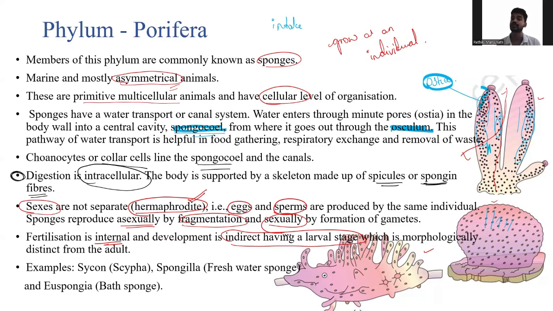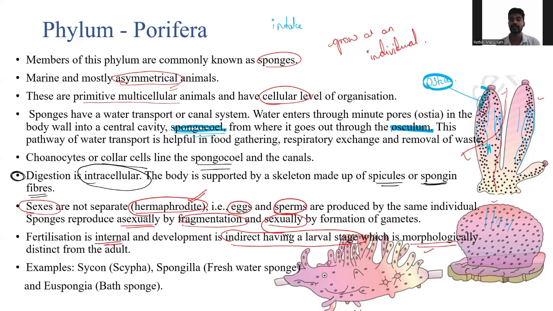And when it comes to development, it is indirect, where a larval stage happens and then undergoes change to the adult stage. Morphologically, the younger stage will not resemble the parent.